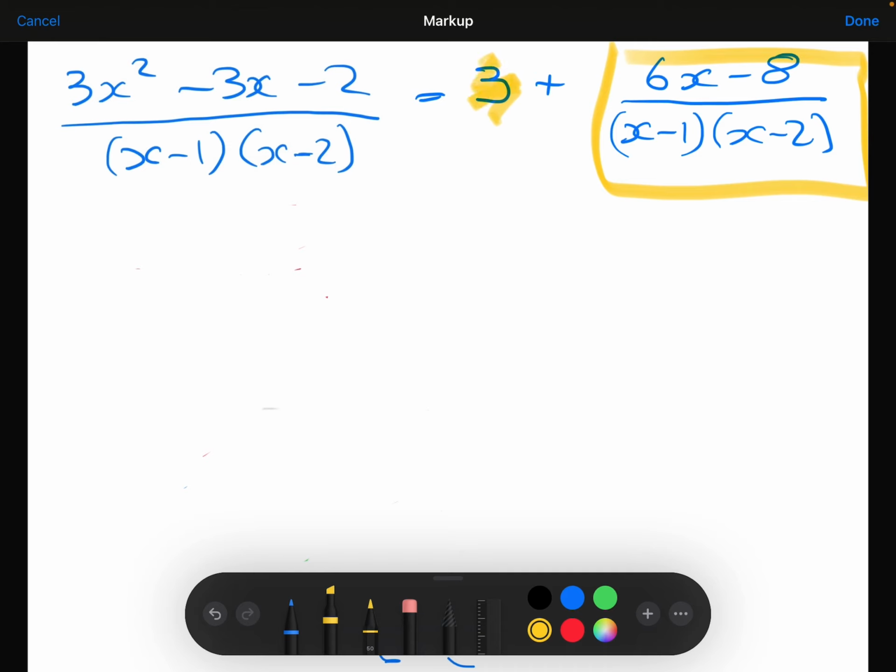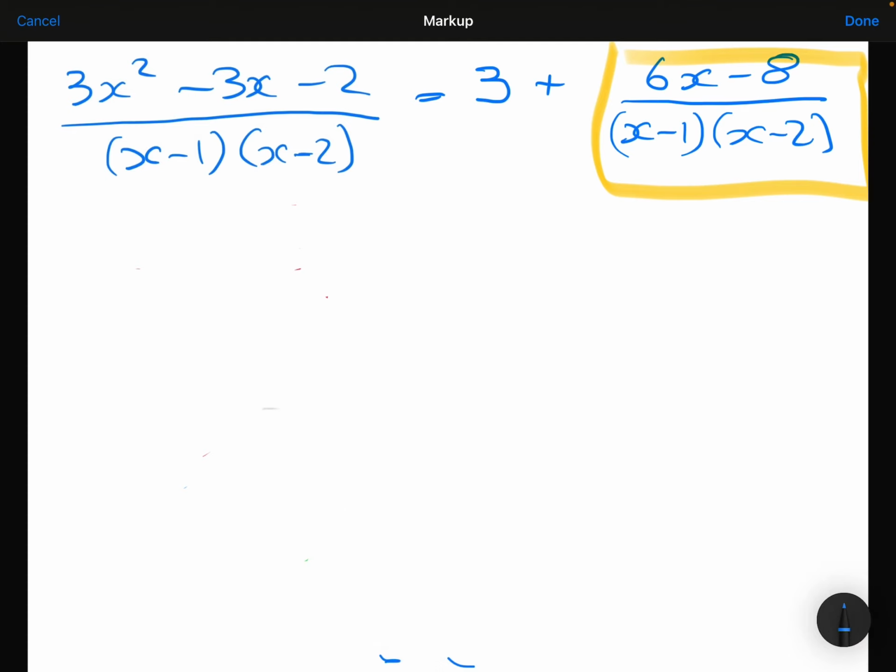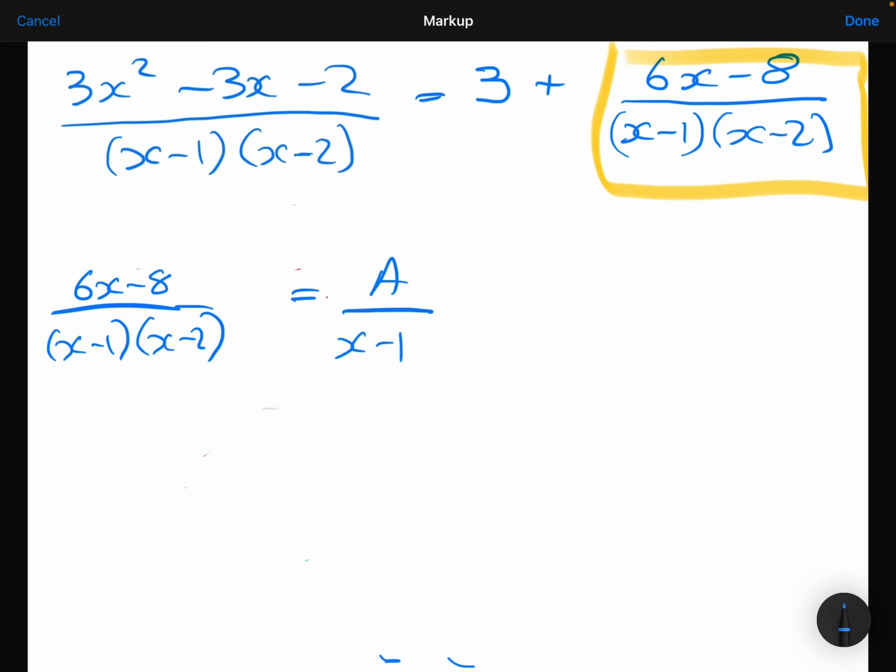I'm just going to focus on the 6x minus 8 over x minus 1, x minus 2. So I'm going to say 6x minus 8 over x minus 1, x minus 2 equals a something over x minus 1 plus b something over x minus 2.